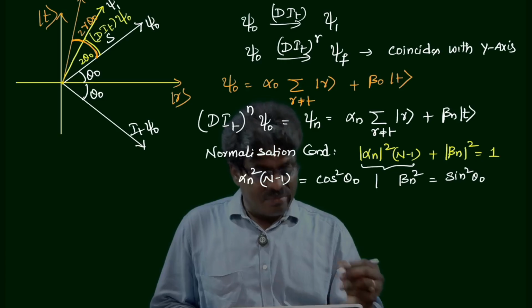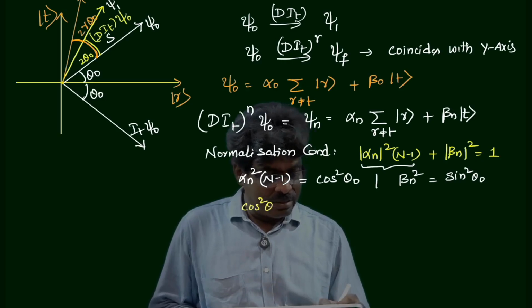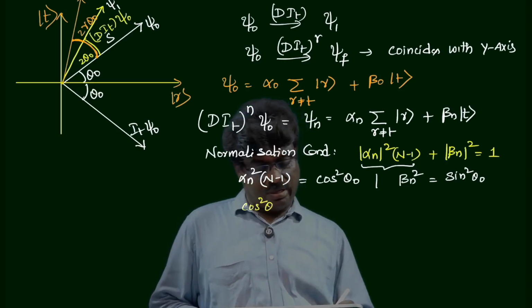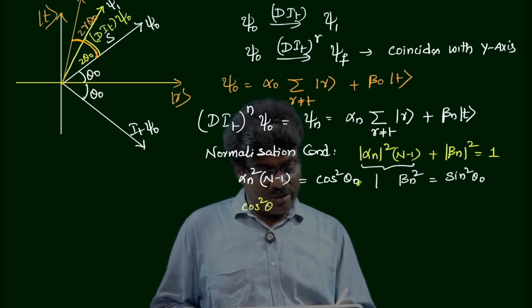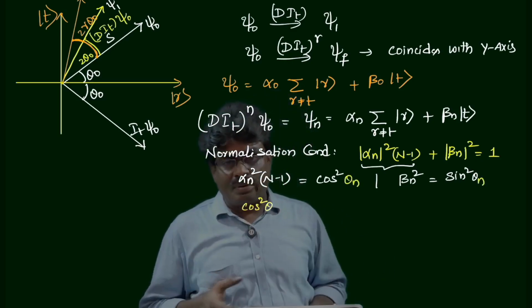And from this we can find alpha n, sorry, cos square theta, sorry, this is not theta naught, I'm sorry, theta n, because here n iterations are there.